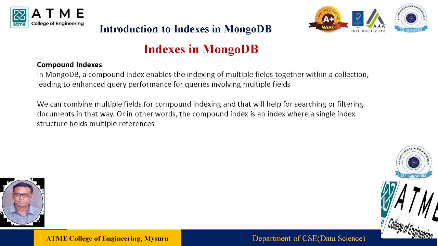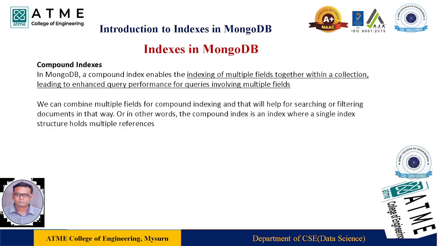So the next topic, after single index, is the compound index. As the name itself suggests, a compound index enables you to index multiple fields together within the collection, leading to enhanced query performance for queries involving multiple fields. In other words, a compound index allows you to create an index on multiple fields.